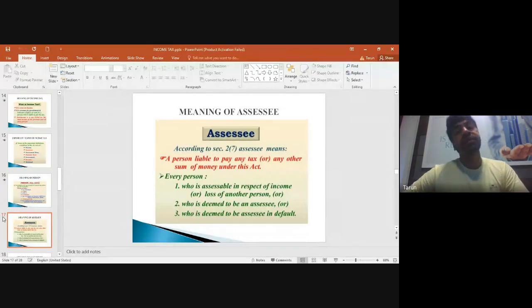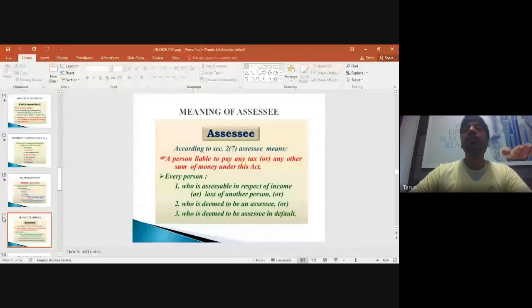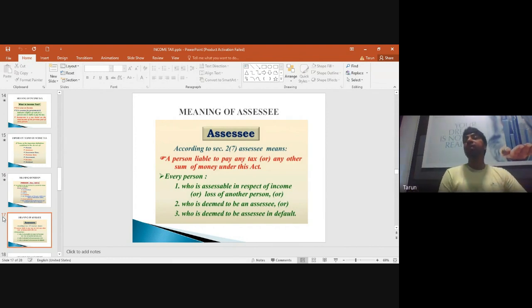Every person who is assessable in respect of the income or loss of another person is deemed to be an assessee, that is, one who has the right to be called an assessee as they pay tax, or who is deemed to be an assessee by default, having paid the tax during the previous years.